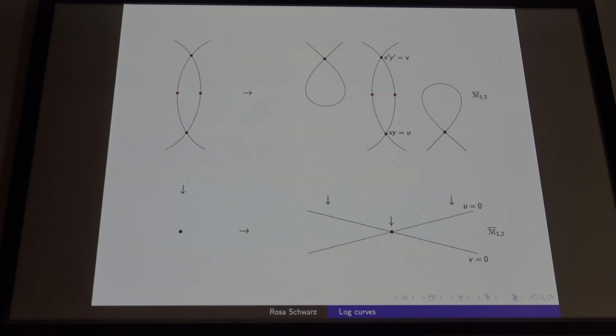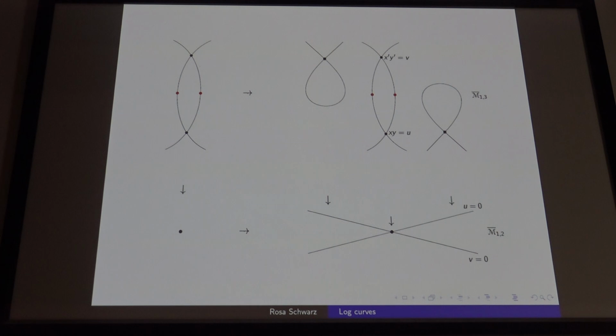Because in our example we had that S was just a point and our curve was given by the one above. And this curve has two markings in genus 1, so it lives in M_{1,2} bar.